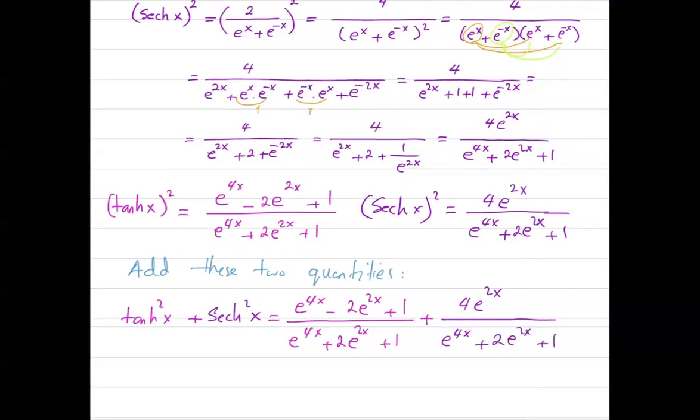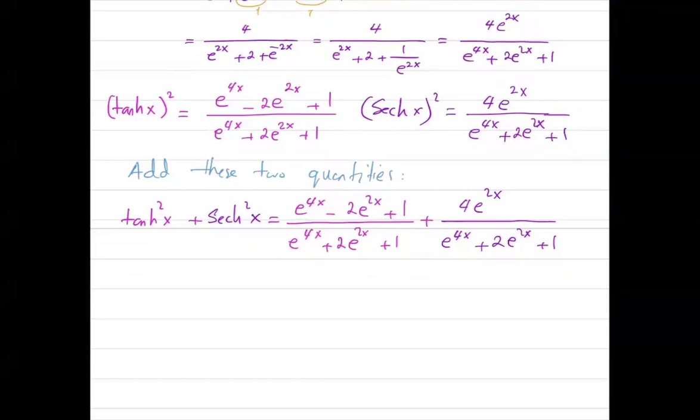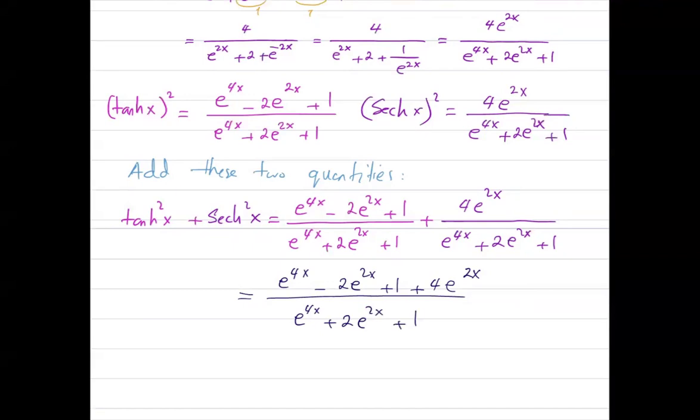So this in turn can be written as, now let me use a solid color because I'm combining these together. This becomes e to 4x minus 2 e to 2x plus 1 plus 4 e to 2x, and the denominators are the same, so you just copy one of them down. e to 4x plus 2 e to 2x plus 1.